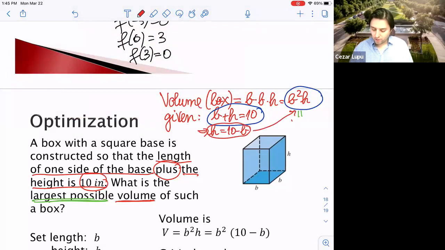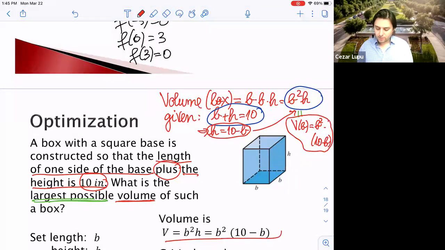So we will get that the volume, let's say V, will be a function of B. V of B is B squared times, and H is 10 minus B. We have this formula for the volume.